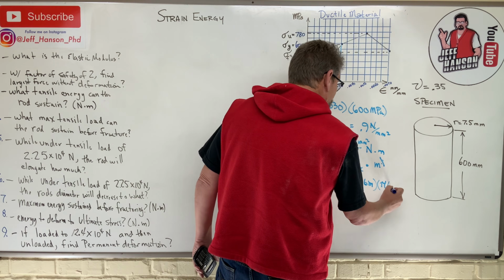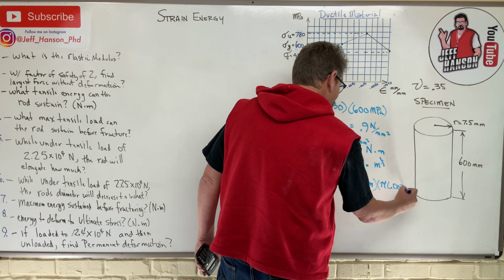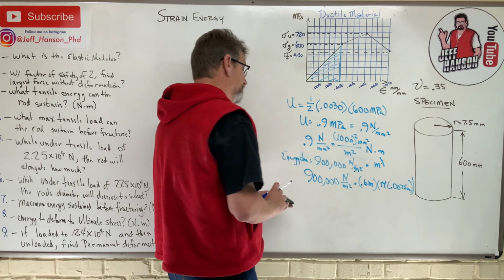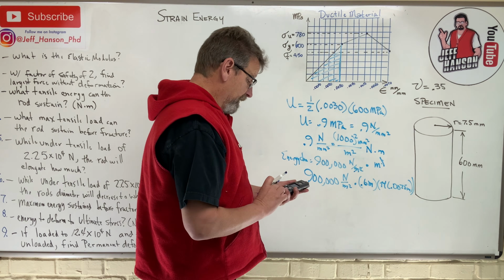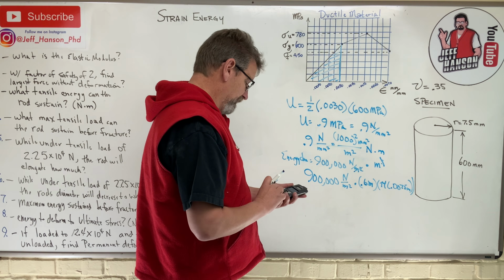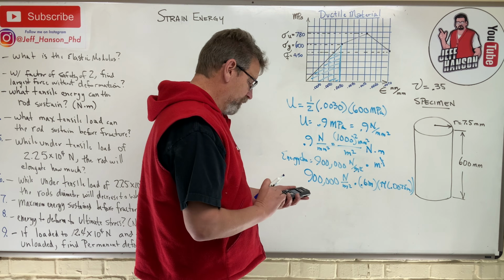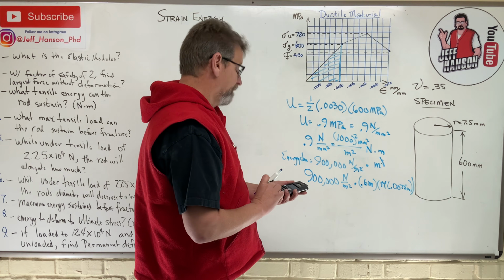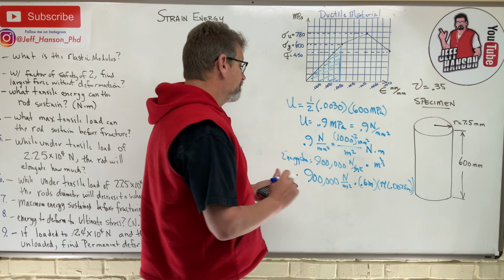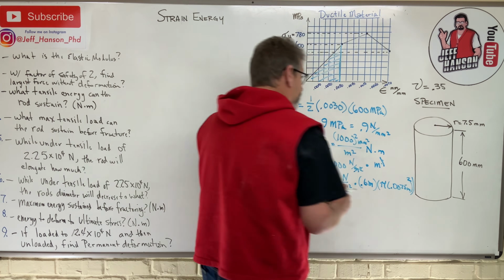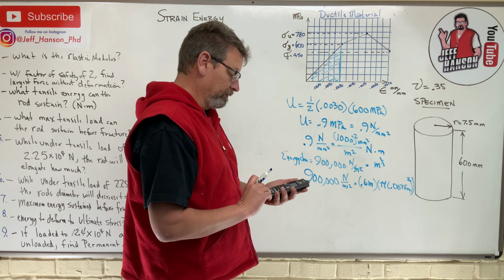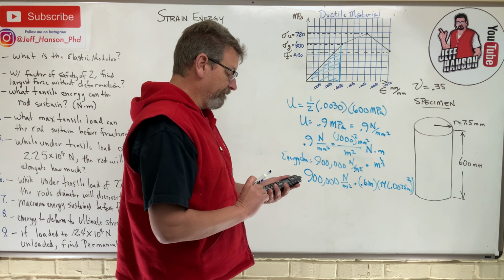So in meters, that's 0.0075 meters. One more parenthesis, okay? So 900,000 times 0.6 equals times pi equals times 0.0075 squared, pi r squared, right? Equals 95.43.